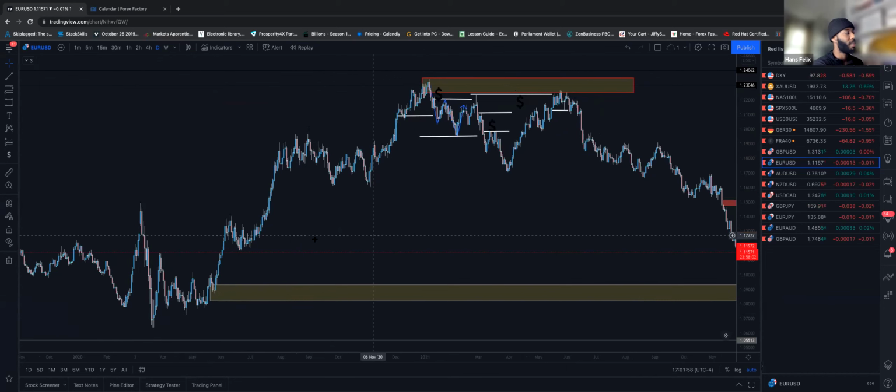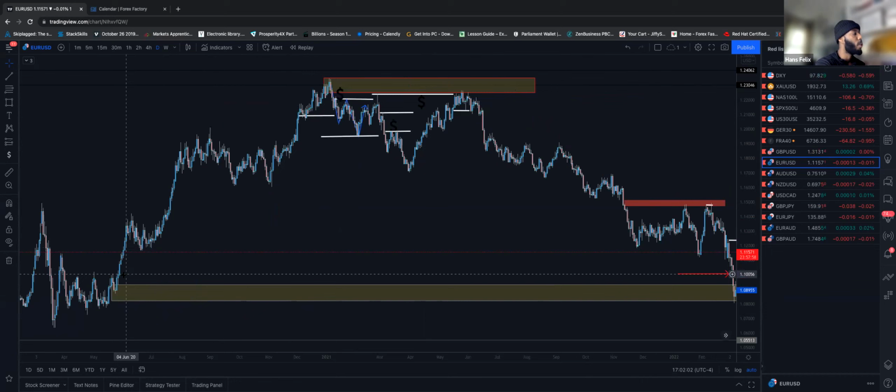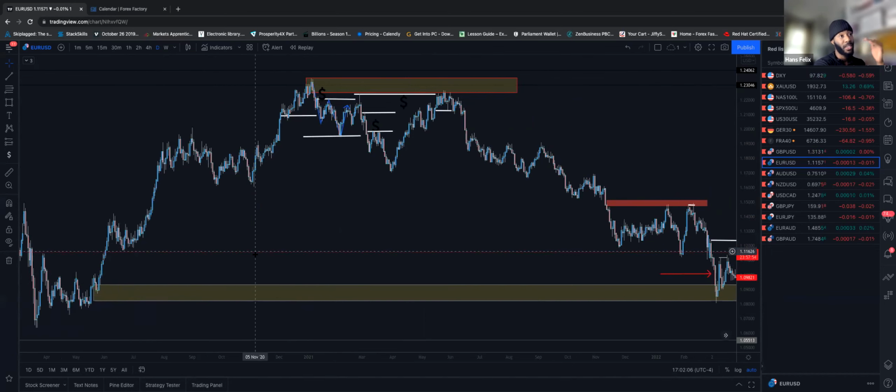Whenever we see that, we understand that not only is this a demand zone, but it is an order block, because only market makers and high institutions, Citadel, JP Morgan, HSBC, Deutsche Bank, Bank of America, Barclays, these are large institutions that have large amounts of money that can move this market, and nobody else can do it like they can.